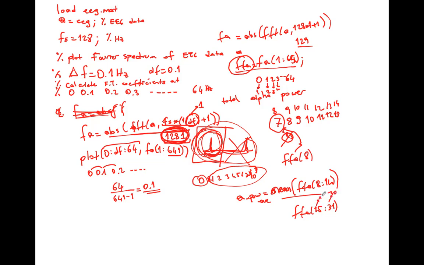This is 14 hertz. Between 14 hertz up to 30 hertz will give me the average beta power, and so on. Anlıyor muyuz arkadaşlar? Yes, useful? Yes.